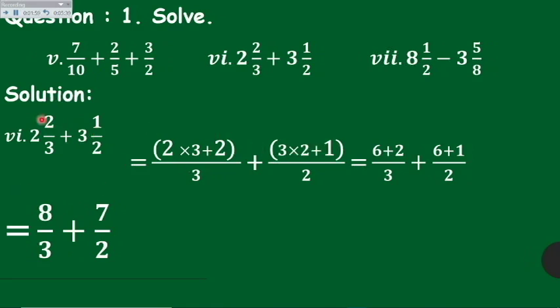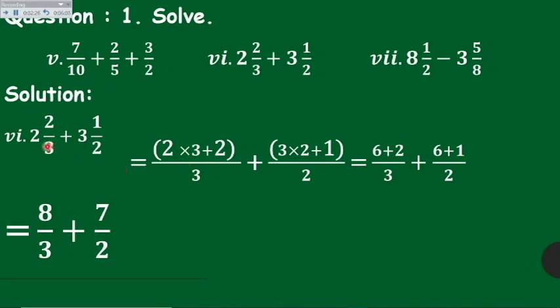I told you about one word which is MAD, M-A-D. MAD stands for multiplication, addition and denominator will remain the same.